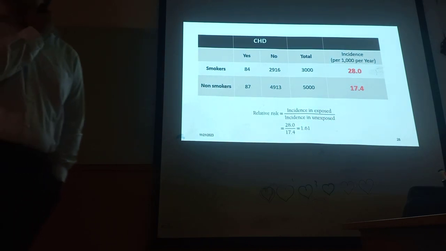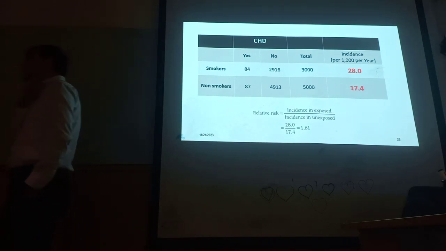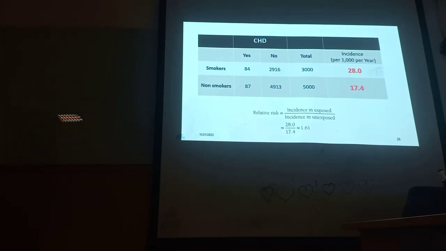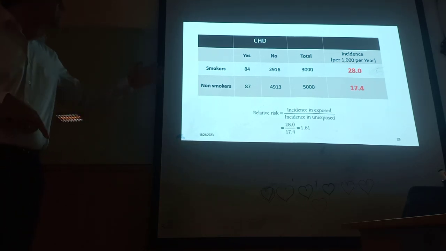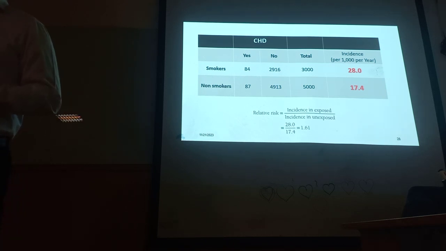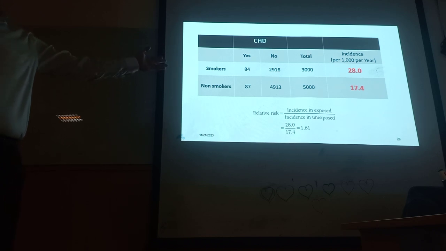1.6 times. What does it mean? What does 1.6 times mean? The exposed are 1.6 times more susceptible than the unexposed. First, smoking is a risk factor of coronary heart disease because our relative risk is greater than 1.